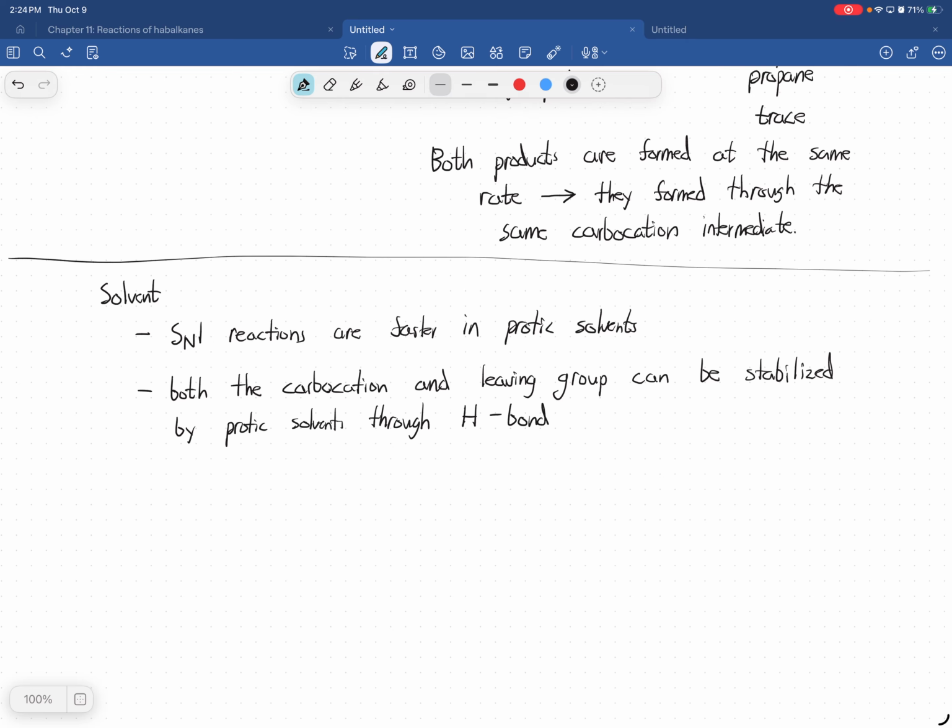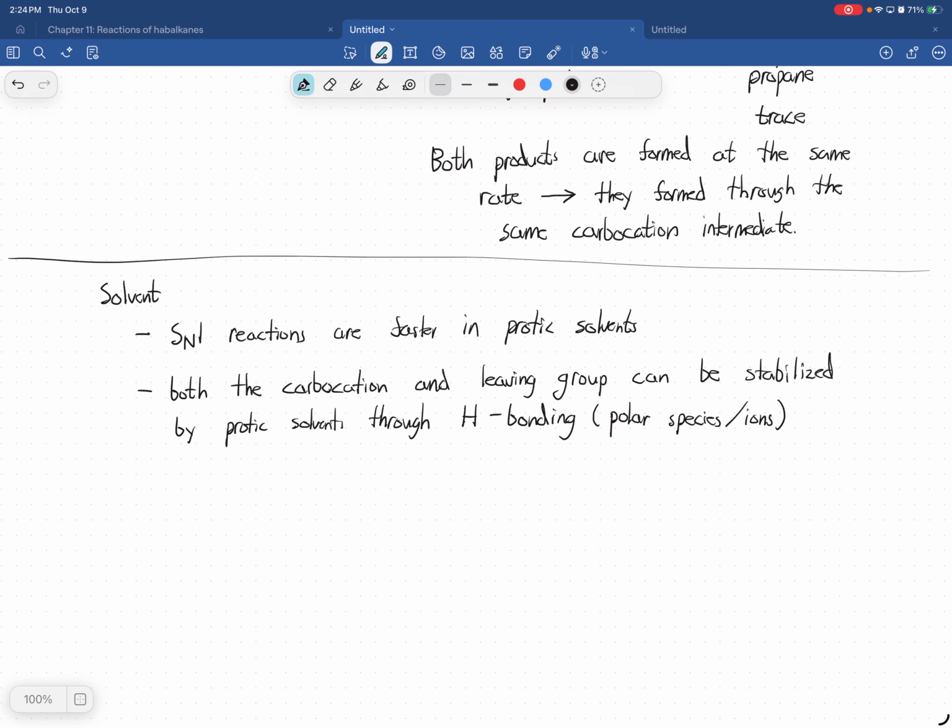So what I mean here is basically they're more polar. So polar species, ions. So they're better solvated, or they interact better with protic solvents.